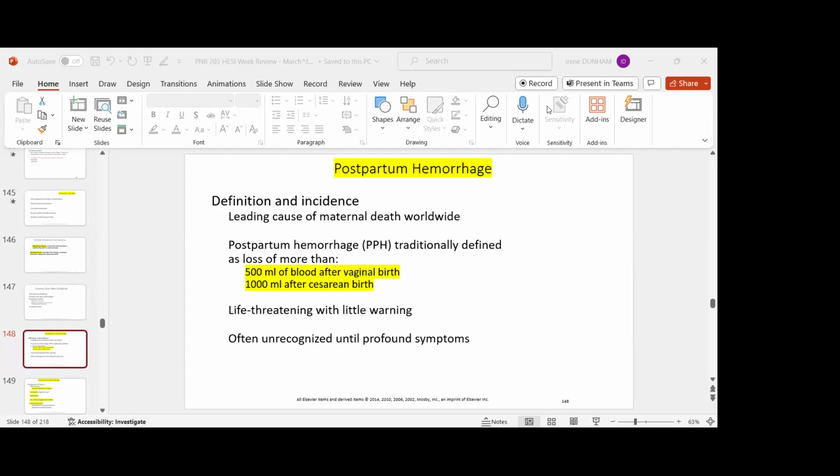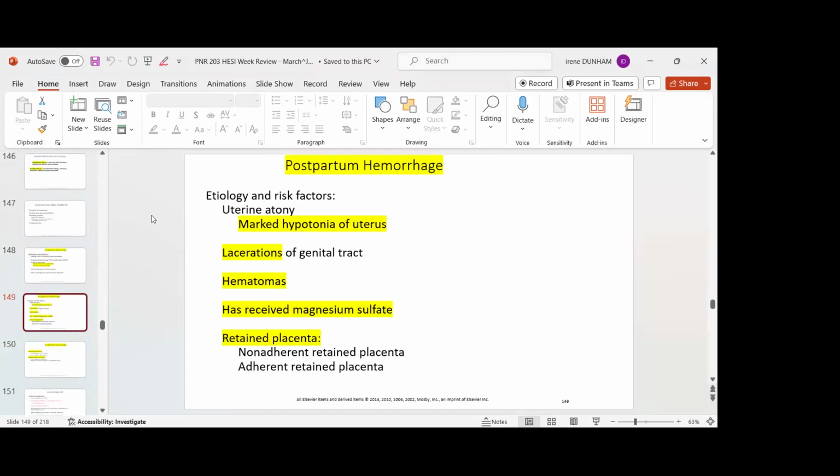If you have a cesarean delivery and a blood loss of 1,000 mLs, you have a hemorrhage. So what are you going to do? You're going to check that fundus, because hypotonia of the uterus is very, very bad. A lot of times for this situation, we give Methergine for marked hypotonia of the uterus.